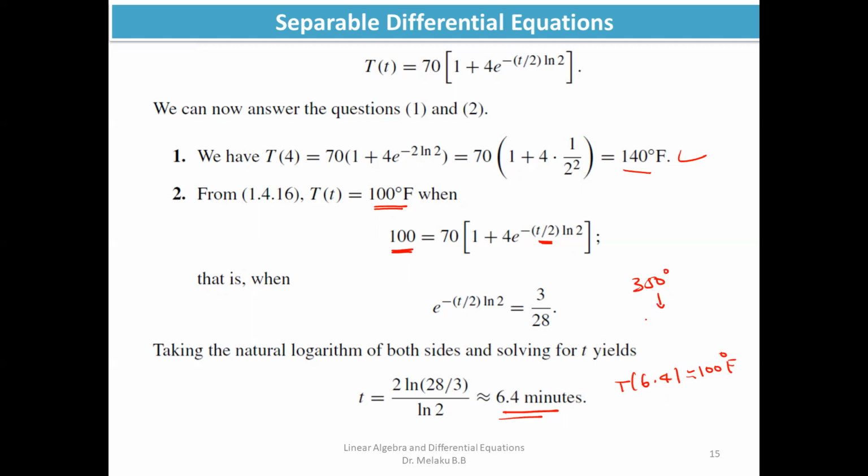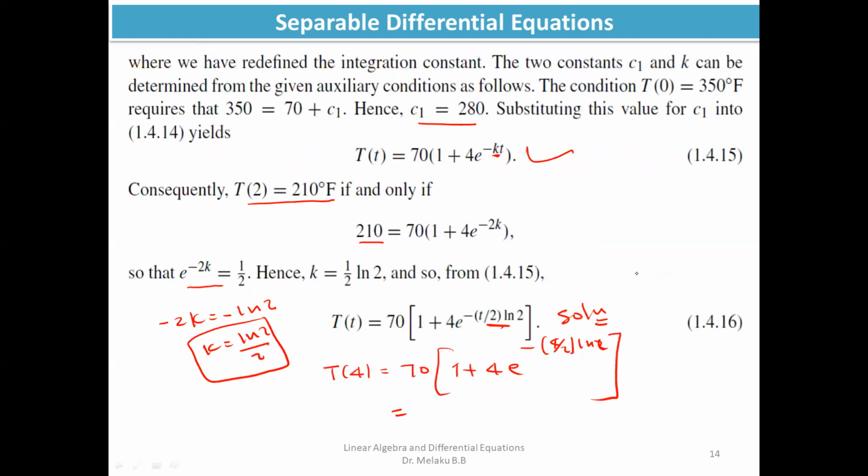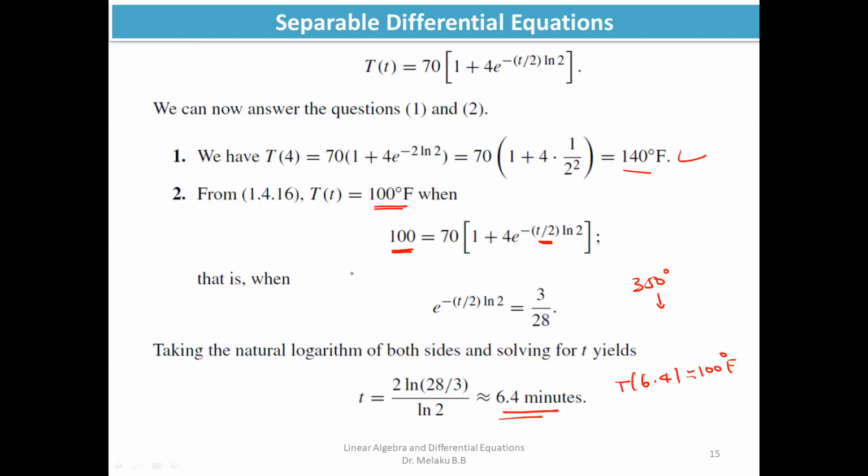Then it is reduced to 210 at 2 minutes. And at 4 minutes, we have calculated 140. And 100 is at 6.4. And so on, you can find it.